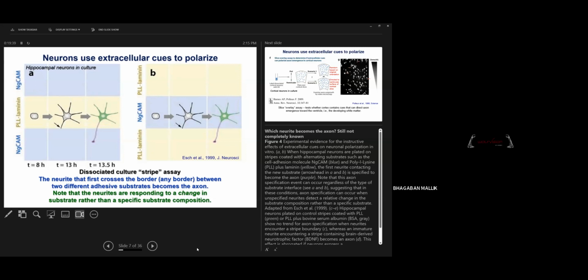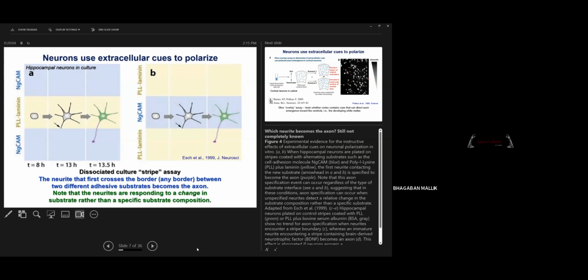They have taken two different extracellular matrices. This is the laminin, because for the proper development of the neuron, you need the matrix. Here the neuron can bind, and it can extend its processes. So one substrate is laminin. Another substrate they have taken is neuron glia cell adhesion molecule, NG-CAM.